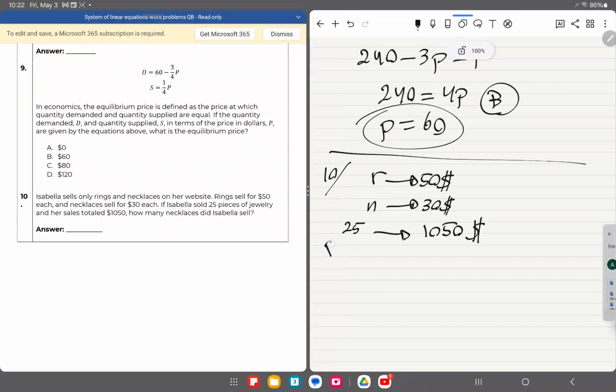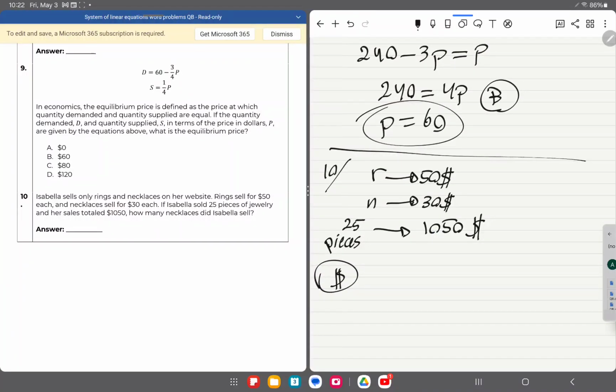Over here, pieces. This one is dollars, 1,050. Now let us focus on dollars. Focusing on dollars, I would get 50R plus 30N is equal to 1050. Now R plus N is going to be equal to 25.